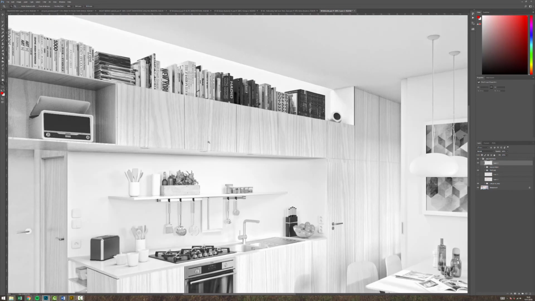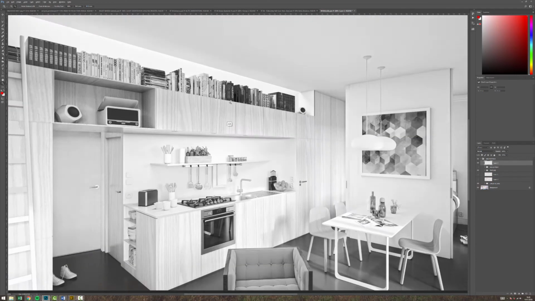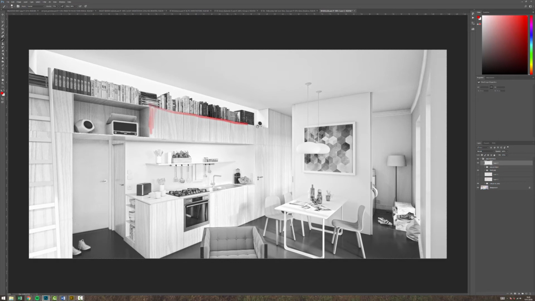The other thing regarding texturing will be the wood here. There are a couple of problems with the wood, which I'm going to talk about because it definitely looks like one of the main pieces in the project, or in the image at least.